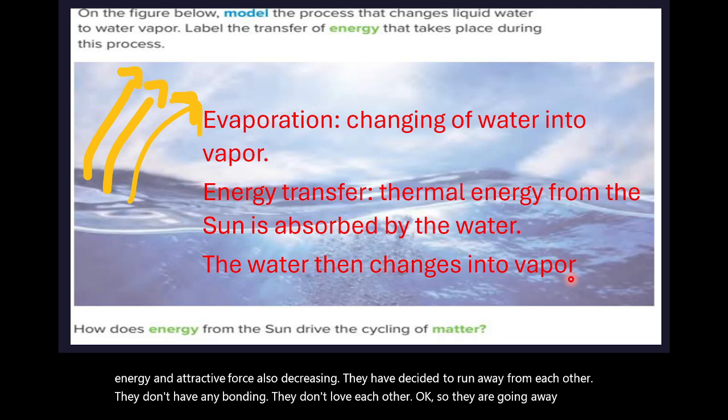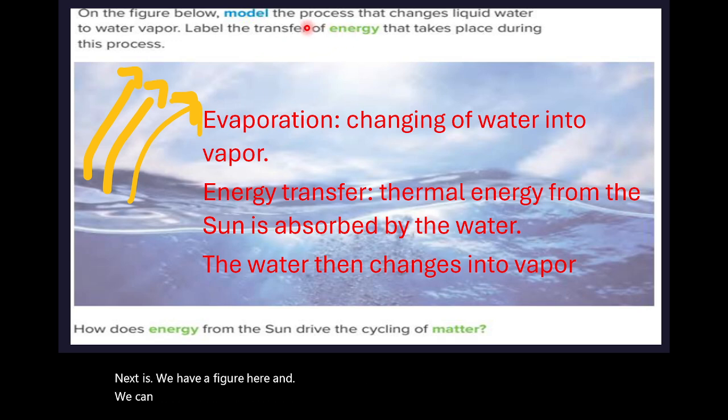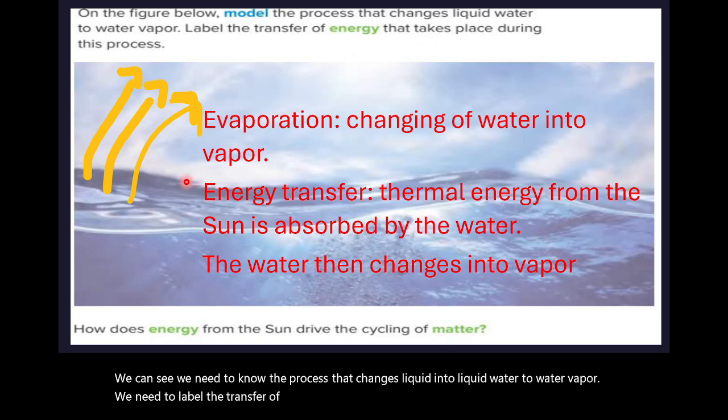Okay, so next we have a figure here, and we need to know the process that changes liquid water to water vapor. We need to label the transfer of energy. We can see these arrows showing that this water is becoming gas and rising up.